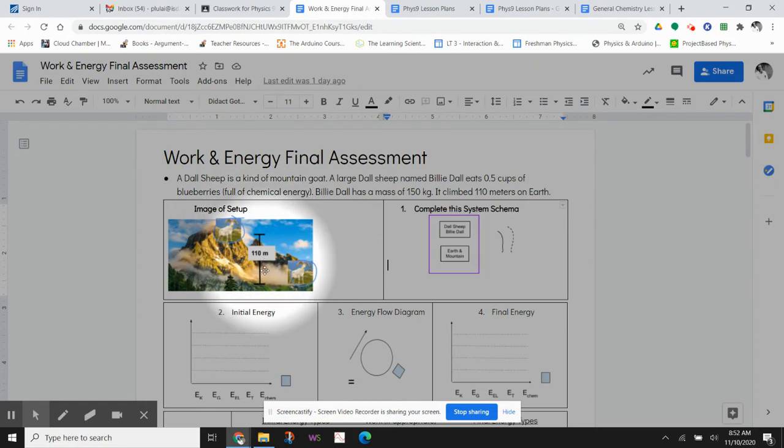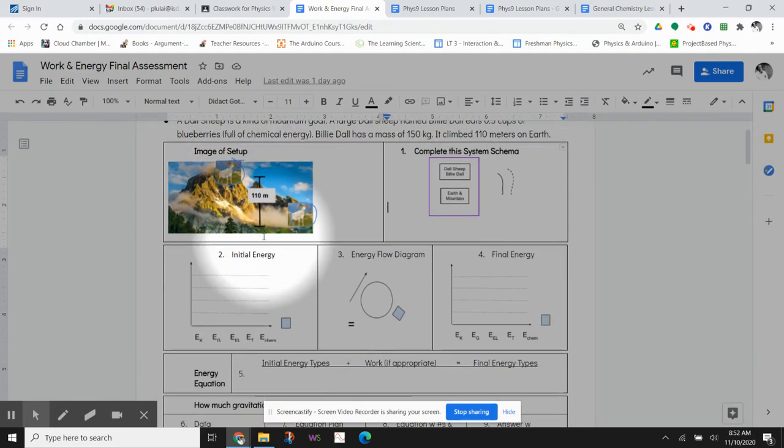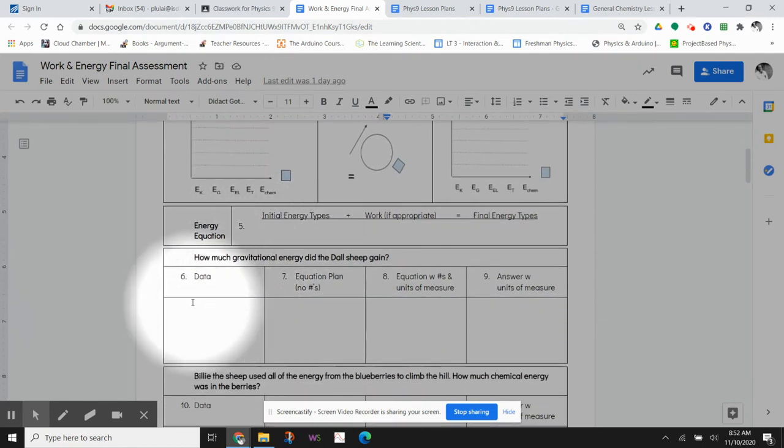So we see there's the 110 meters. You may or may not have seen there's where the Dall sheep starts, there's where the Dall sheep ends. The climb was 110 meters. So when I go down here, I can say the height equals 110 meters.